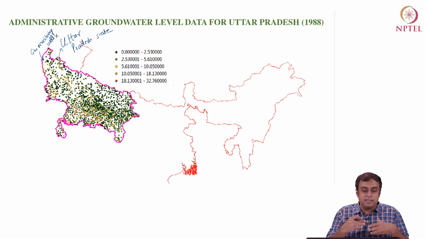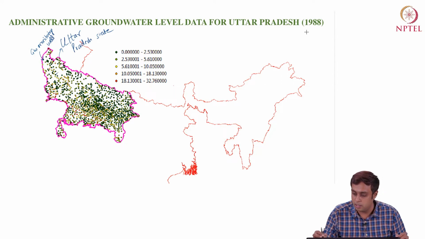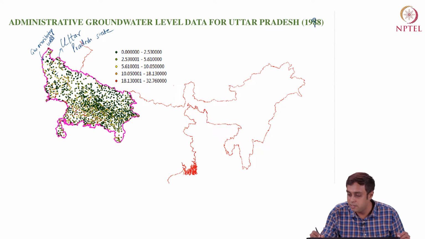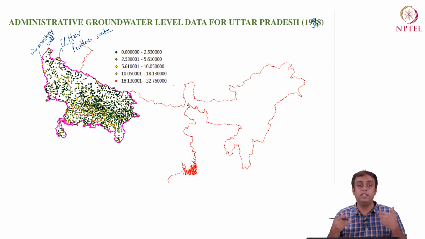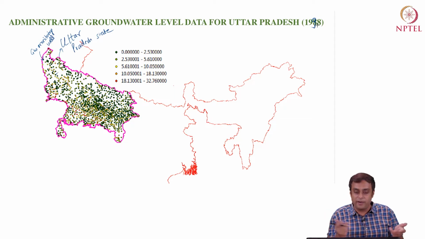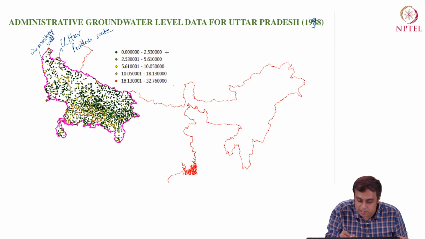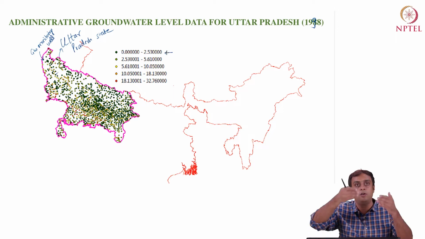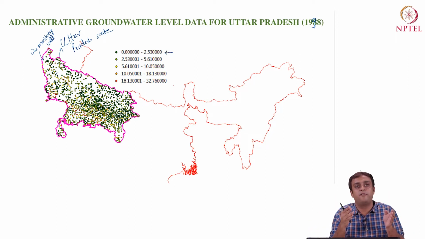Okay, these are color coded, for this year 1998. Sorry for the typo on that slide. The green colors are wells where the situation of groundwater depletion is not so alarming, right? The dark green is where the groundwater level goes below the ground about 2.5 meters.